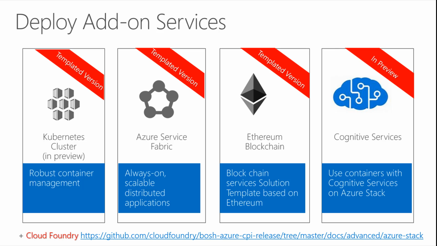Next, we have the Ethereum solution template, which is designed to make it easier and quicker to deploy and configure a multi-member consortium Ethereum blockchain network with minimal Azure and Ethereum knowledge. With a handful of user inputs and a single-click deployment through the Azure Stack tenant portal, each member can provision their network footprint. And this network footprint consists of three things.